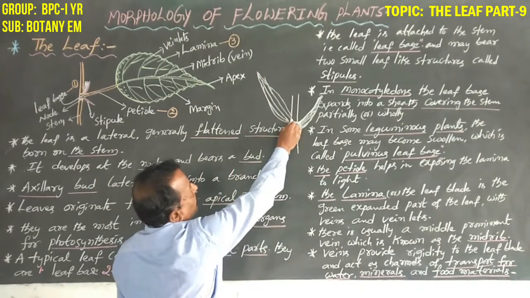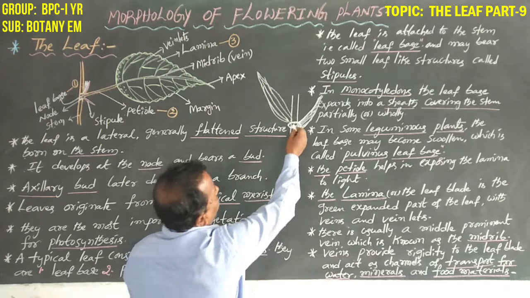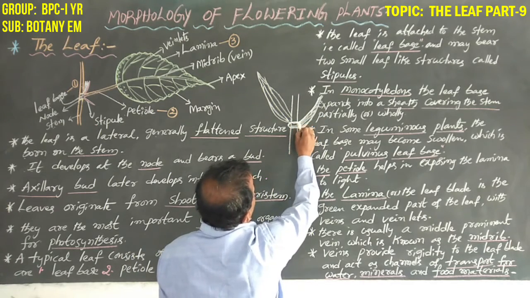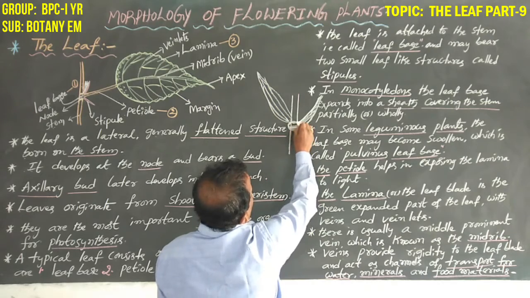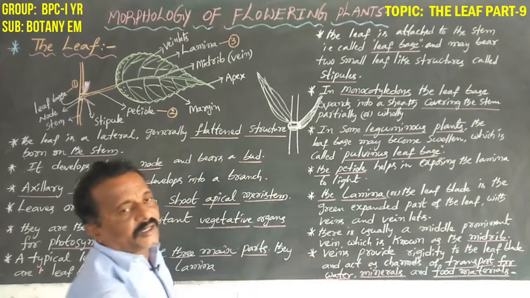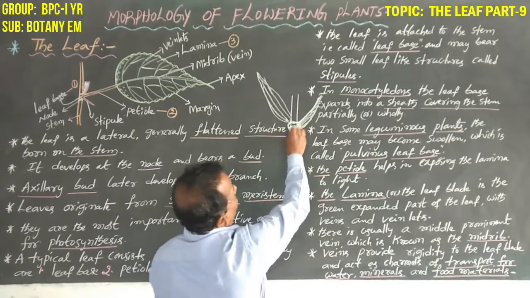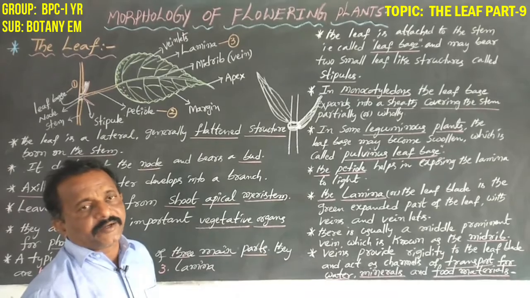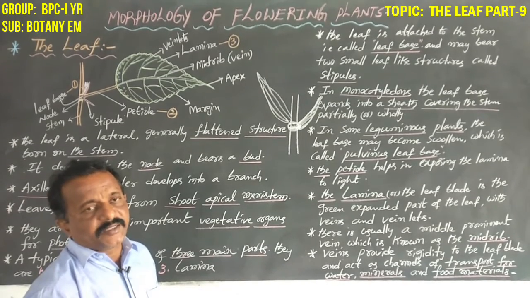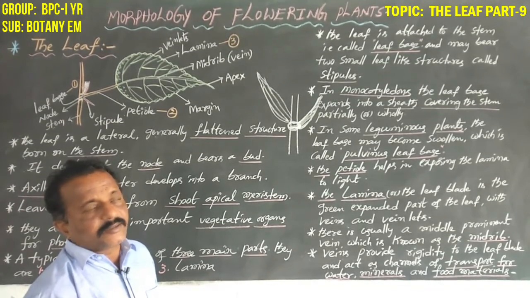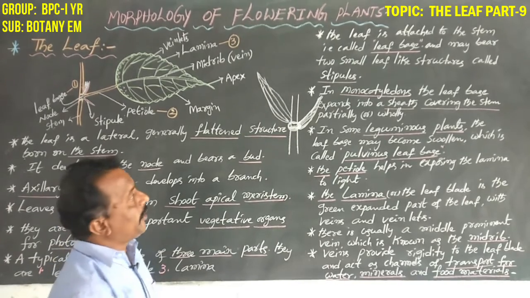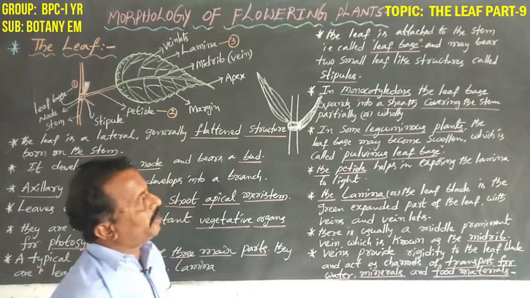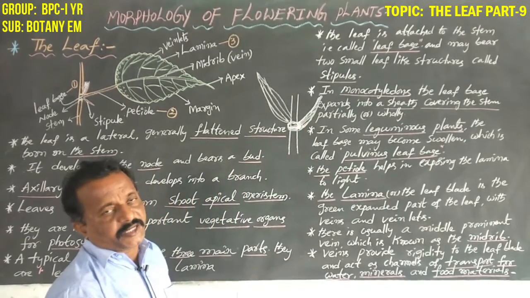So especially in monocotyledons, the leaf base expands into a sheath covering the node of the stem, partially or wholly. This is a very important thing. In rice, wheat and maize, which are monocotyledon plants, the leaf base expands into a sheath covering the stem partially or wholly.